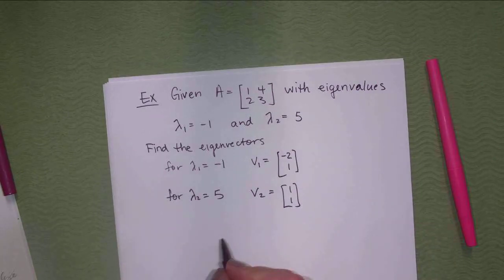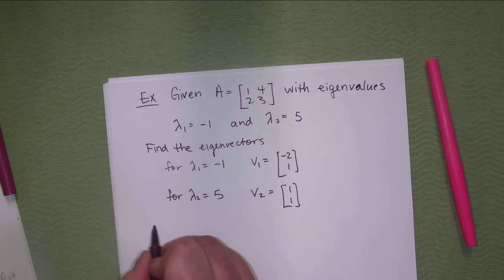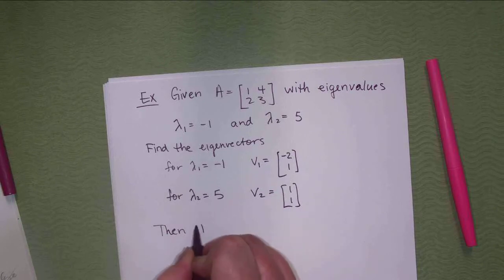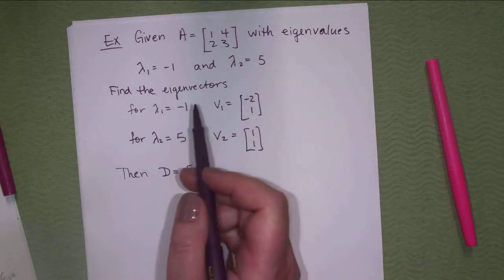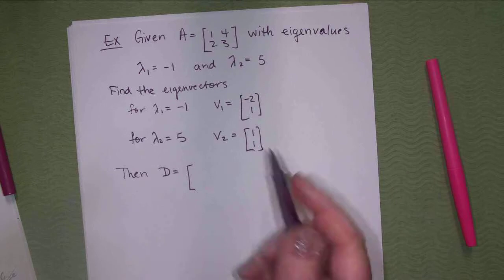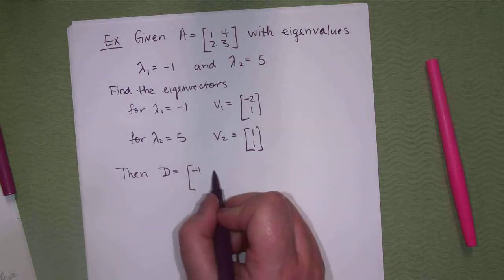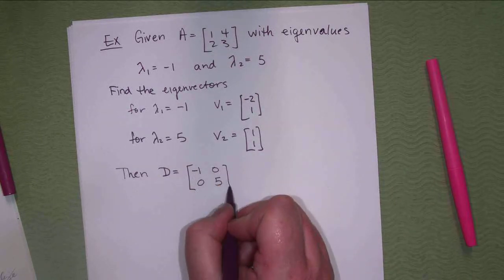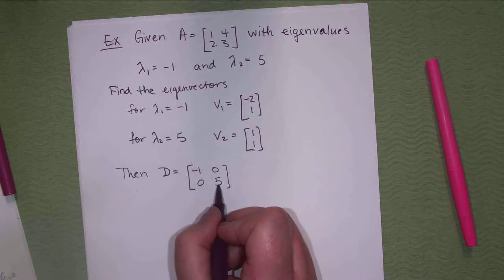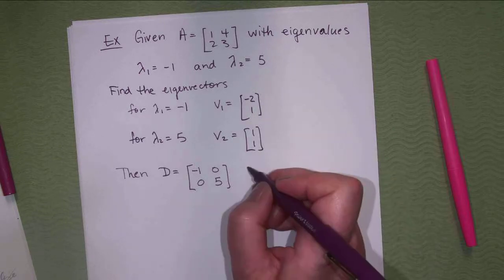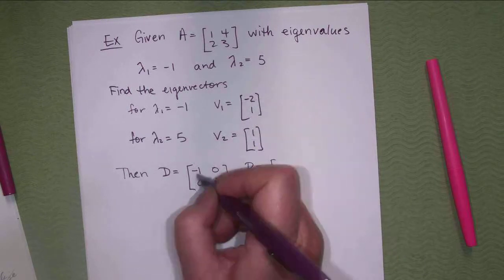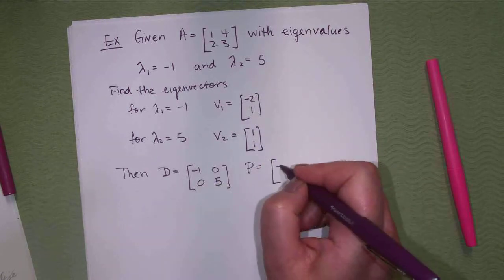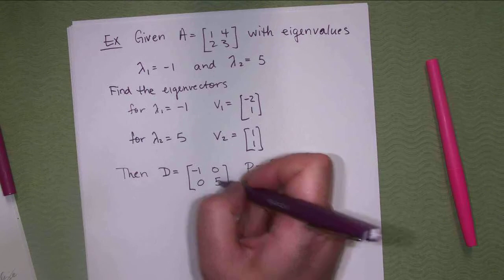So D is the diagonal matrix with the eigenvalues down the diagonal, in either order, but you just have to keep the corresponding vectors in the same order. If we put -1 and 5, so I did lambda 1, lambda 2 here, then P would be vector 1 that goes with this one, -2, 1, and then vector 2, 1, 1.